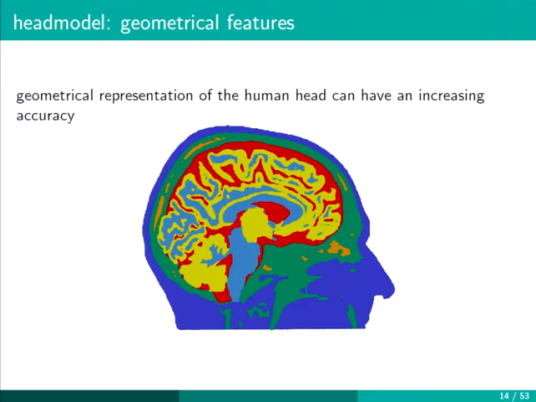You can include the holes of the skull, and you will see a huge difference in the forward solution and in the source reconstruction, because if you're using the wrong model, without taking into account the holes, then the topography will be completely different. And for brain lesions, is this replying to your question, or did you mean something else?